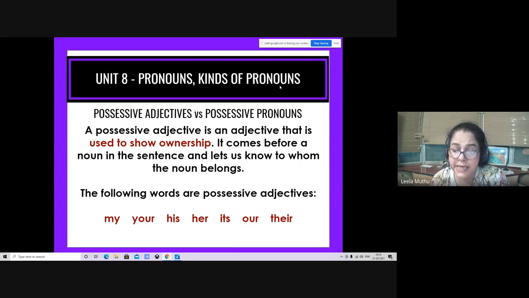Your, his, her, its, our, and their. These are the possessive adjectives. These are pronouns which are placed before nouns and they modify the noun by showing ownership to whom that noun belongs, and they are used as possessive adjectives. Okay?